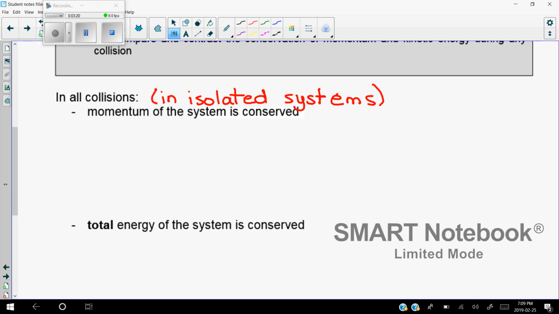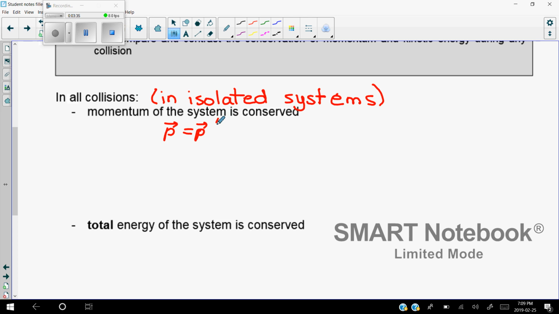So when we're talking about isolated systems, we can always say that the momentum at the beginning is going to be equal to the momentum at the end. That is, the momentum is conserved.